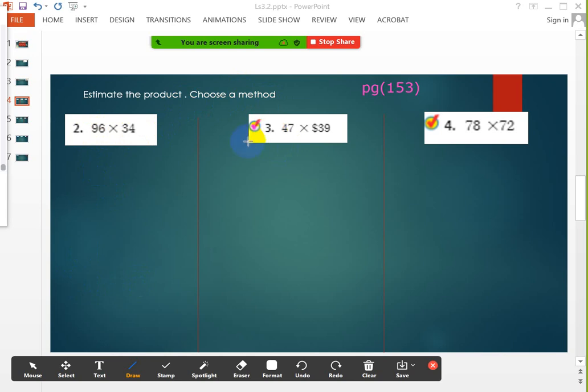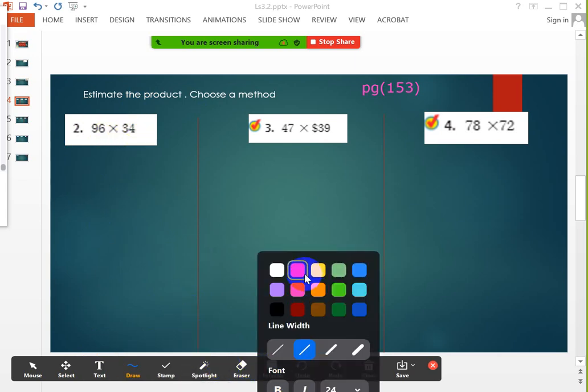In comparable numbers, 96, girls, it's between 90 and 100. So is it close to 90 or 100? It's close to 100. Okay, now what about 34?